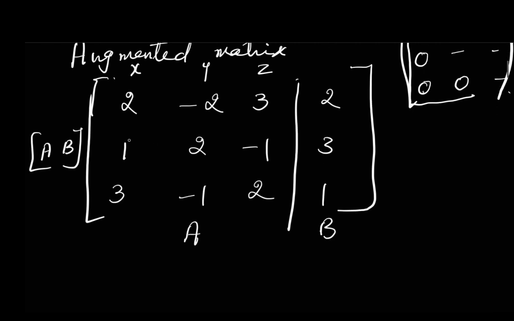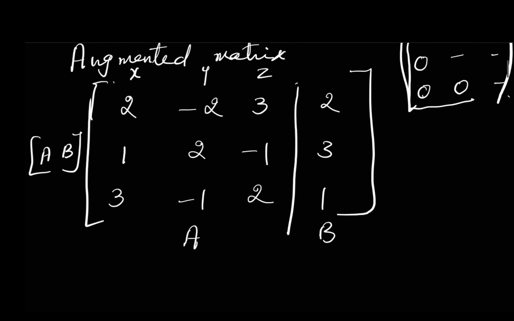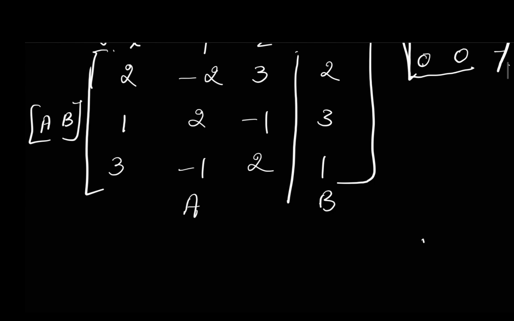So, let me take the matrix A here. The first row, first entry should be 1. But here in the first row, the first entry is 2. Look at the other rows. See, in the second row, I have the entry 1. So, in that case, I make the interchange: I take R2 in the position of R1, and R1 comes in the position of R2.